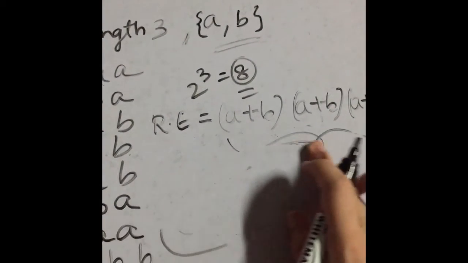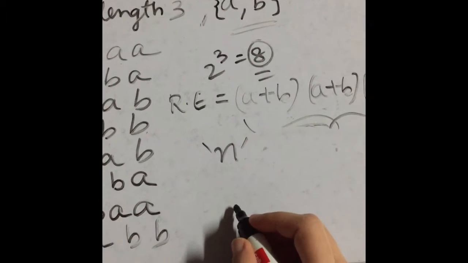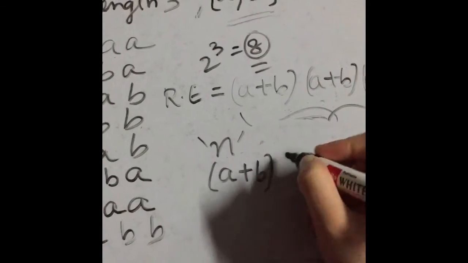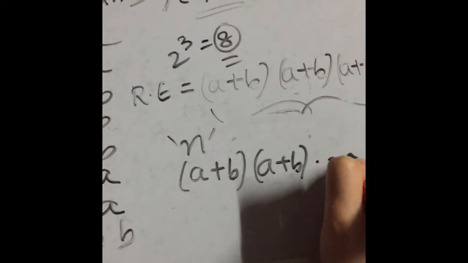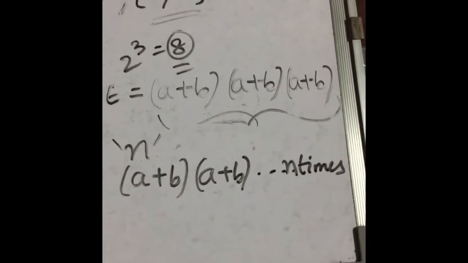So my question is, if the length is n, then what happens? If the length is n, then there is (a plus b) and so on, n times. So it is easy.